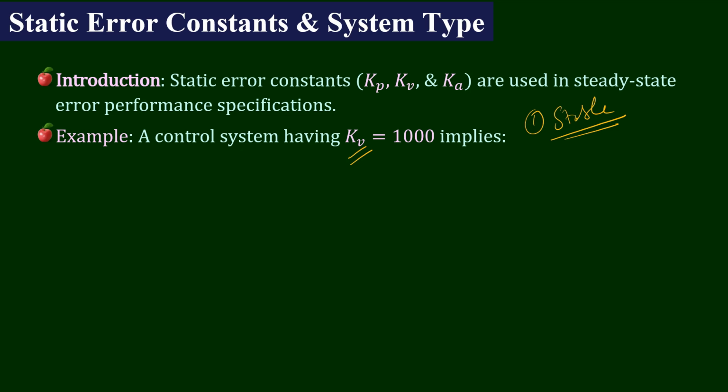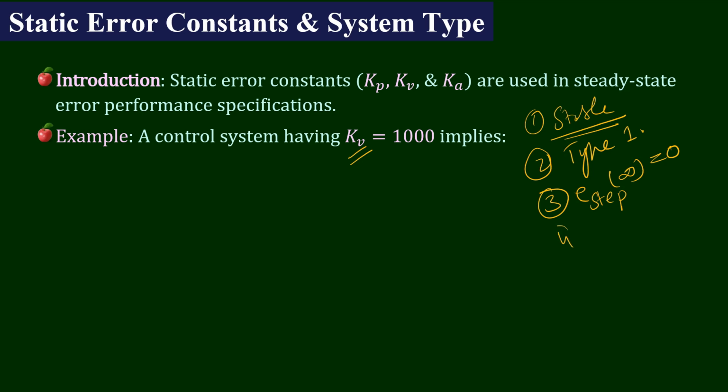Number 2, the open loop transfer function is type 1. Number 3, if it is a type 1 system, for the unit step, E step infinity will be equal to 0.